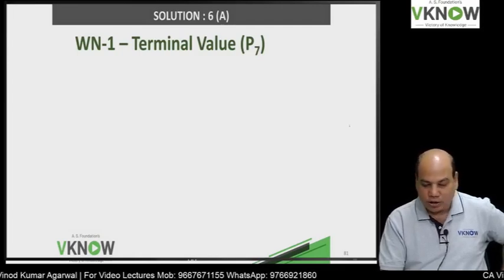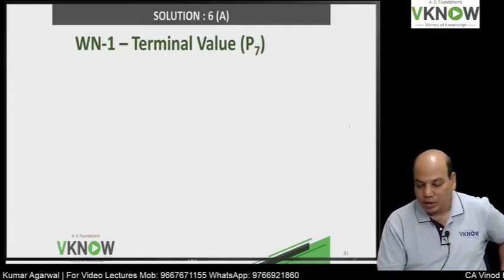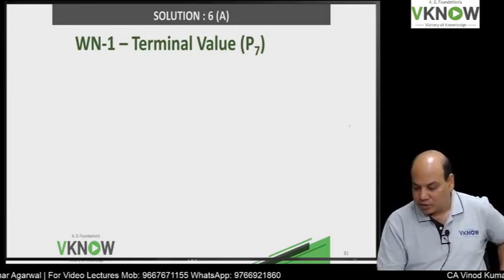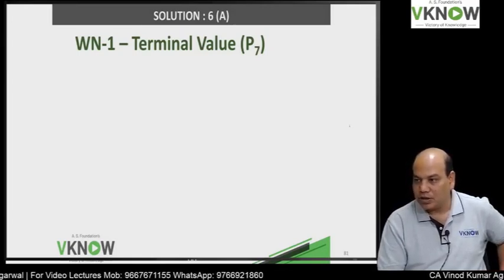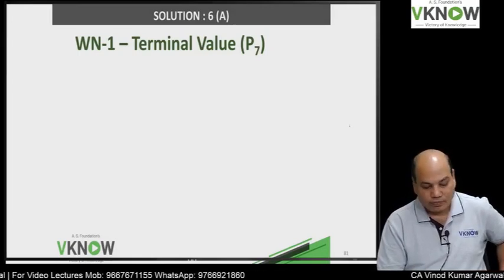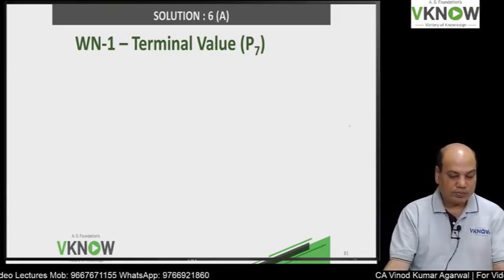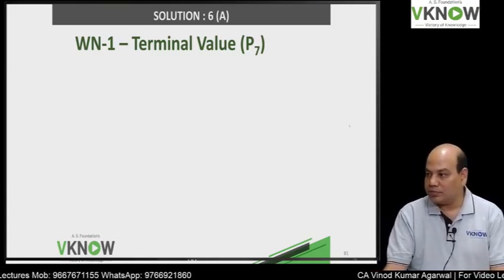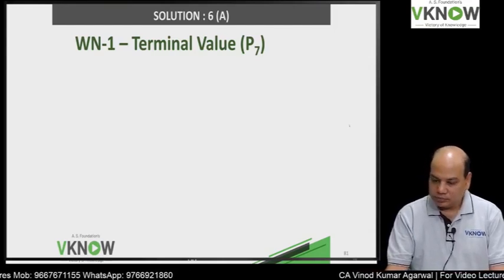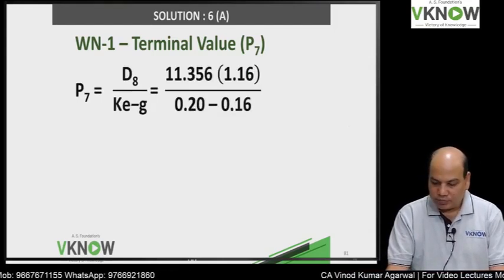Working note 1, write down terminal value, in bracket P7. P7 means price of the share at the end of 7th year. So how do you calculate it?